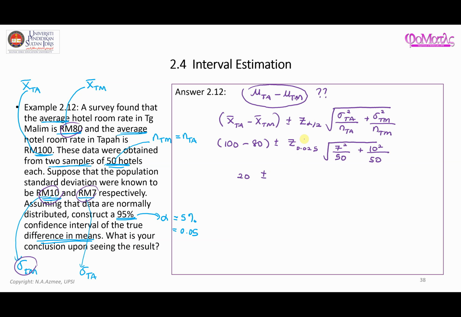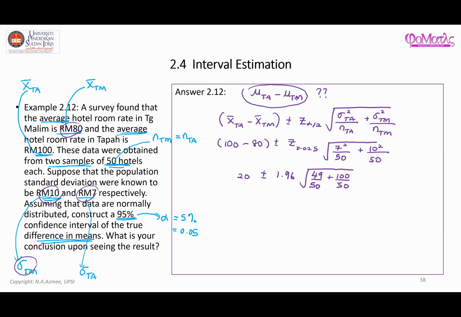Now, if you refer to the standard normal distribution table, you will see that the value for z is going to be equal to 1.96. So for this one, it's going to be 49 over 50 plus 100 over 50.